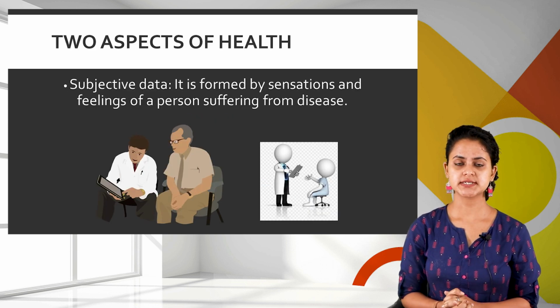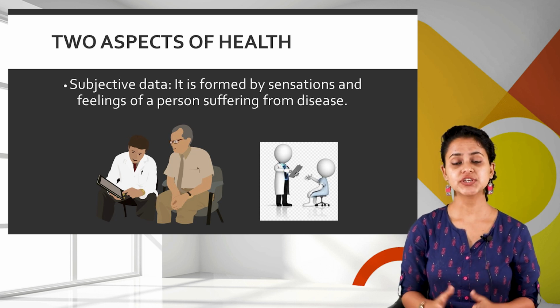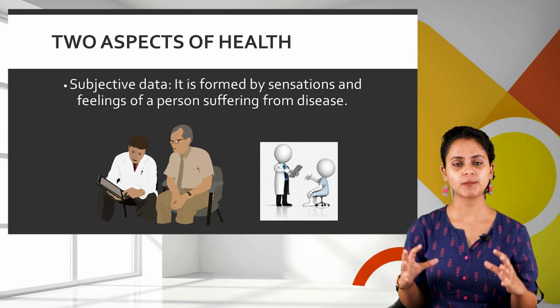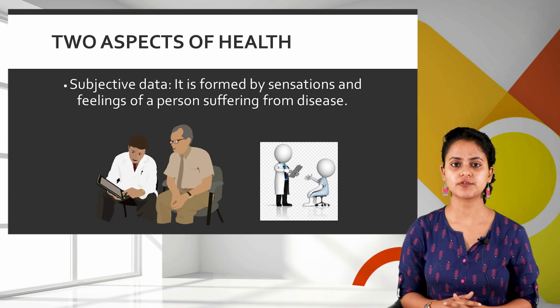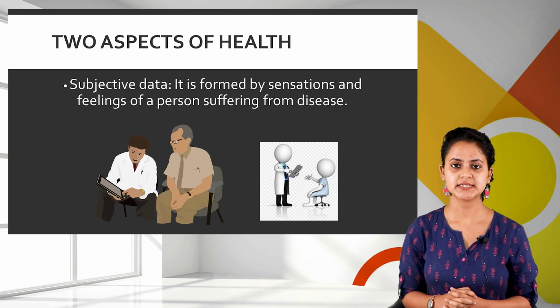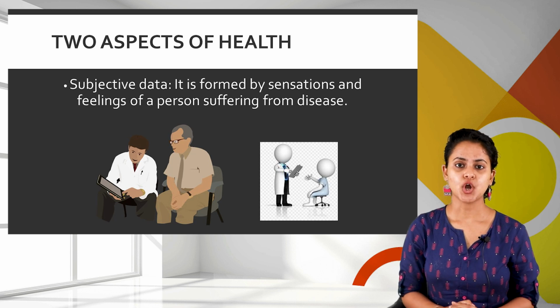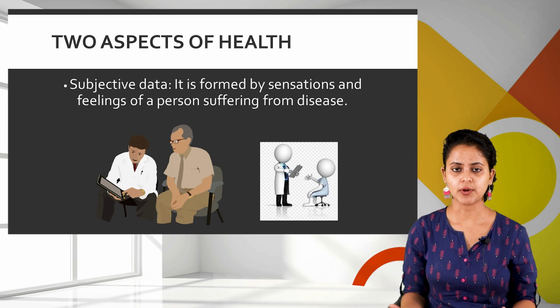Now we are going to discuss the two basic aspects of health, which are the subjective aspect and the objective aspect of health. The subjective aspect of health suggests that it is formed by the sensation or feeling of a person who is suffering from a disease.